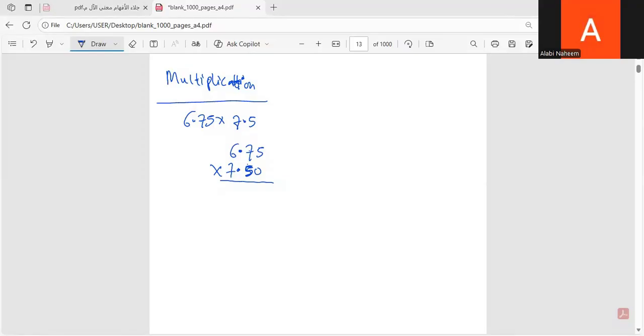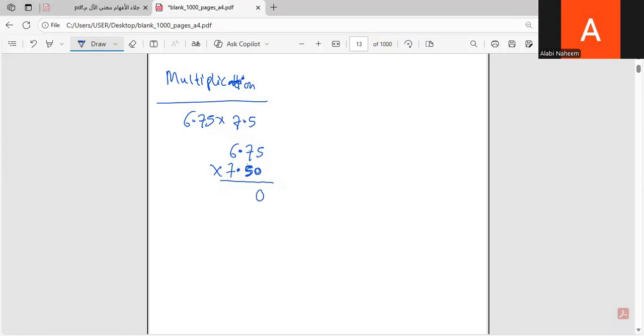Since there's no number after the 5 here, we can just put 0 there, right? Then we proceed. 0 times 5. We already know how we multiply numbers normally, so we proceed the same way. 0 times 5, 0. 0 times 7, 0.